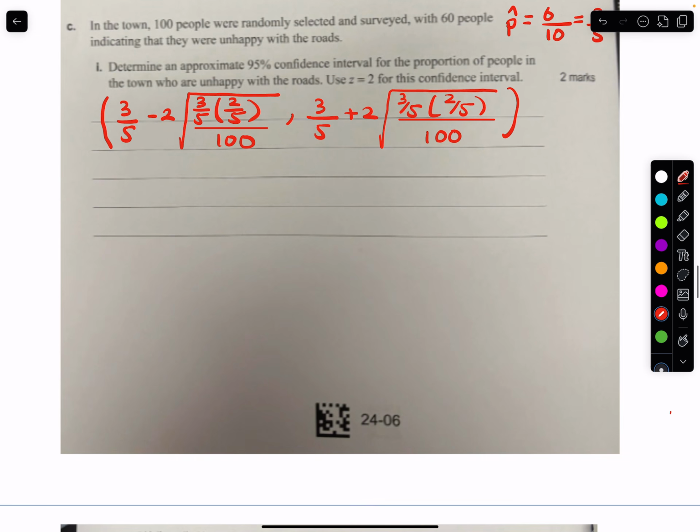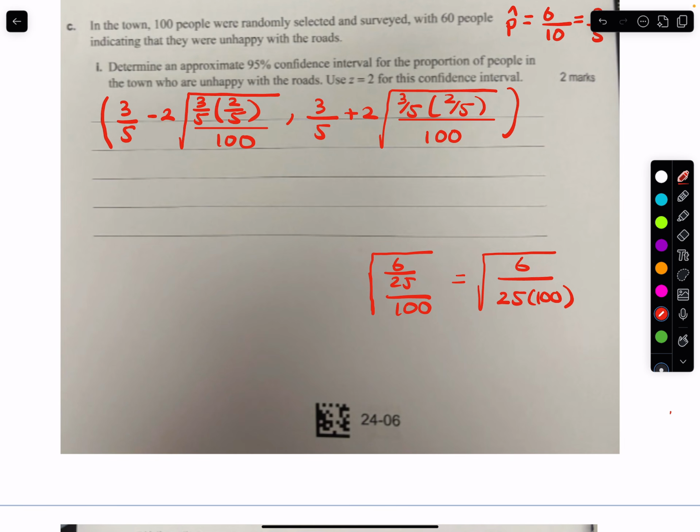All right, so let's simplify this whole surd here. If I simplify it a little bit, it's 6 over 25 divided by 100, which becomes 6 over 25 times 100.